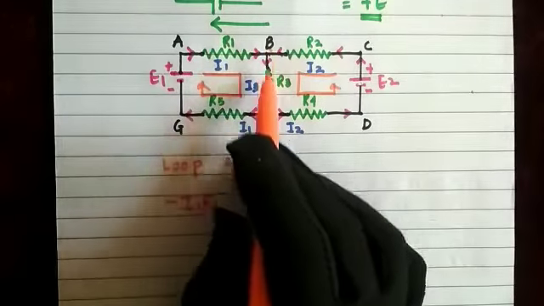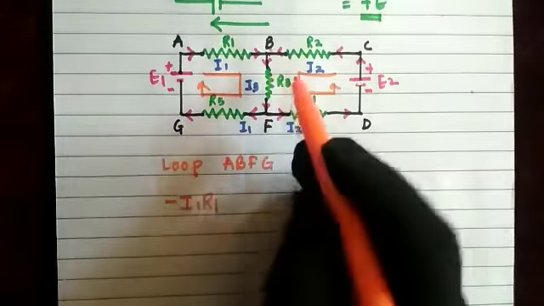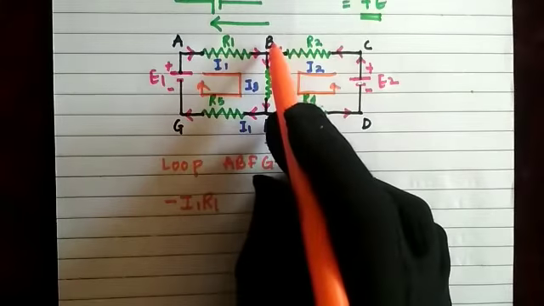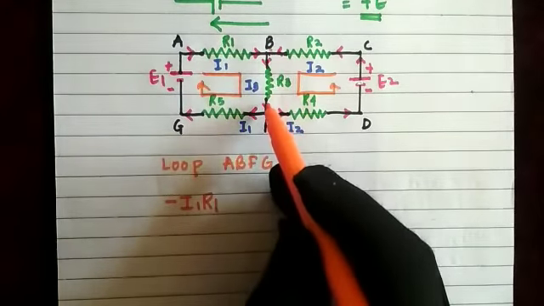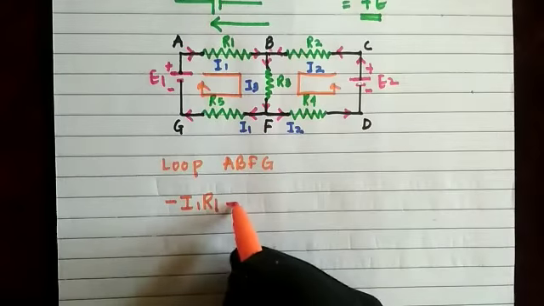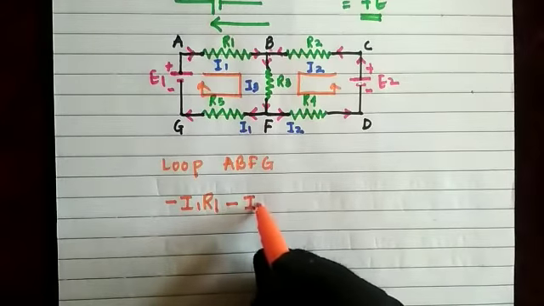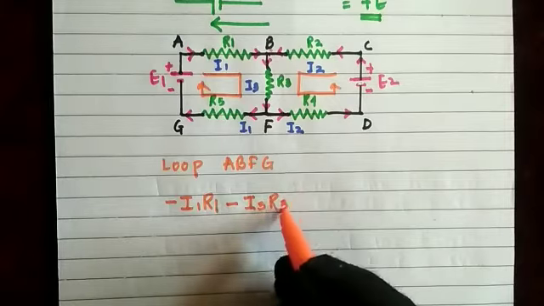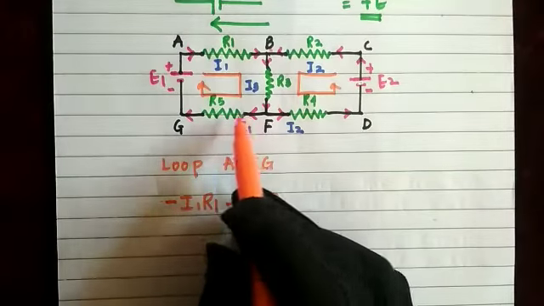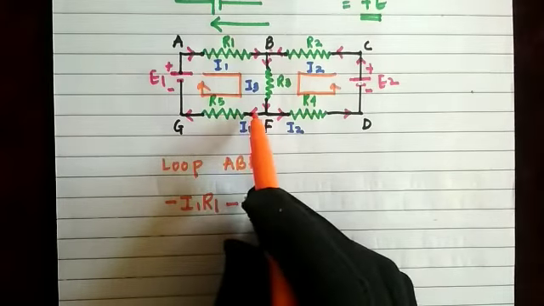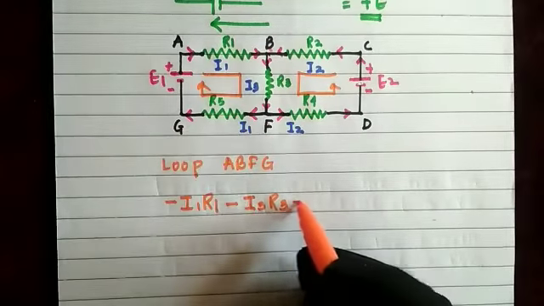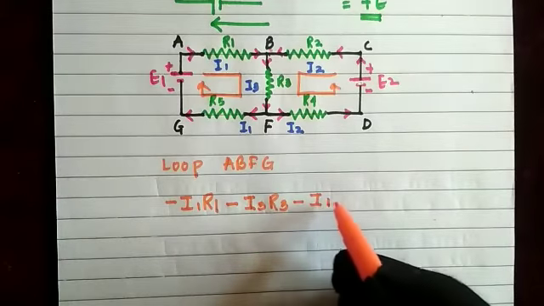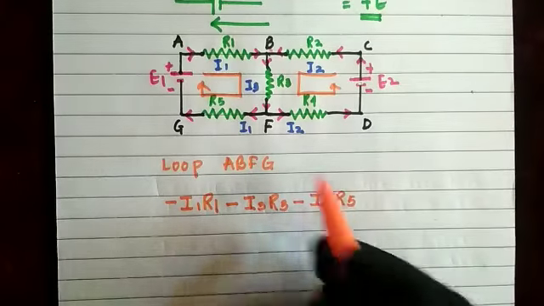Then come to B to F. Here again our tracing direction is B to F, and the current direction is the same, so the potential will again be negative: minus I3 R3. Then F to G, again the direction of the current is the same and our tracing direction is also the same, so it will be minus I1 R5.